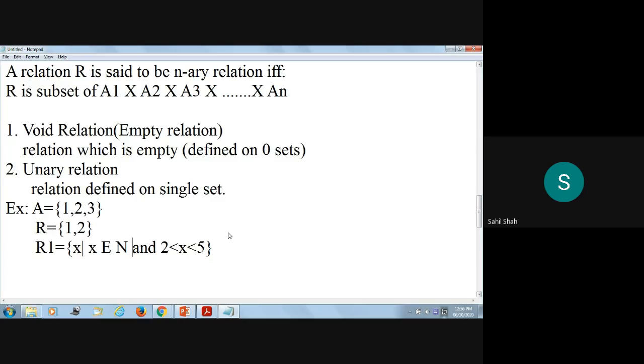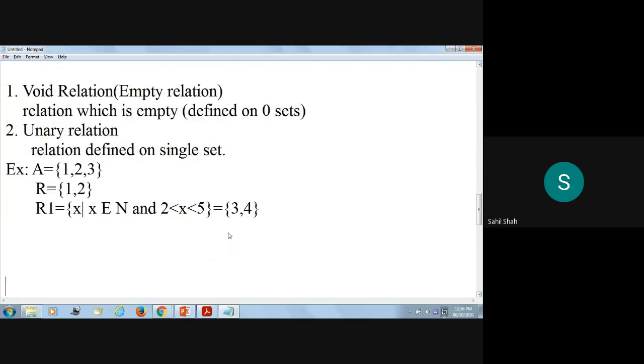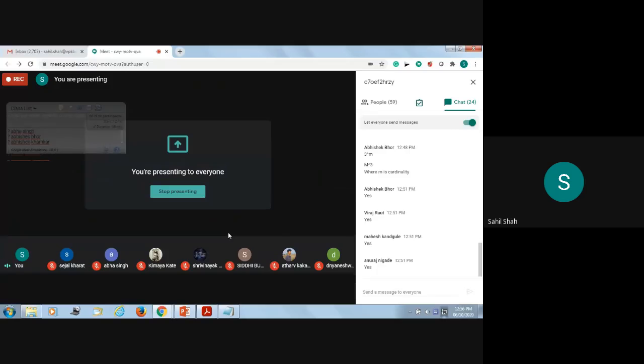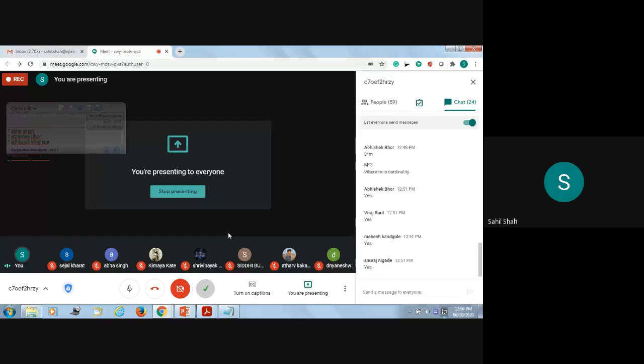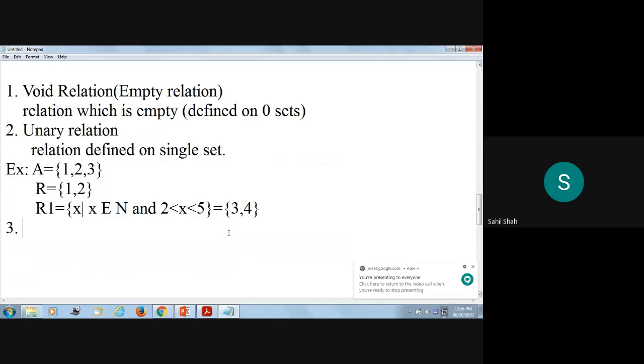The condition for defining R1 is that the value of x must lie in the interval 2 to 5. So R1 will have elements 3, 4. It is again a unary relation. Am I clear? I hope I am clear, because we have to solve many problems based on this in coming days. Make it clear first and foremost.